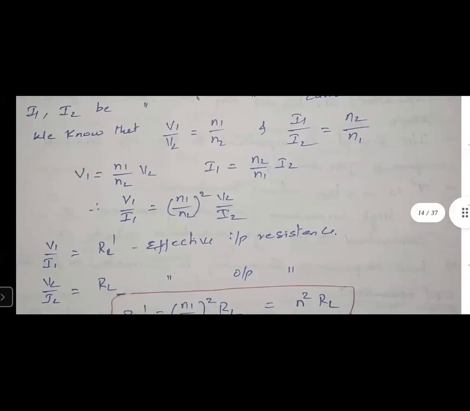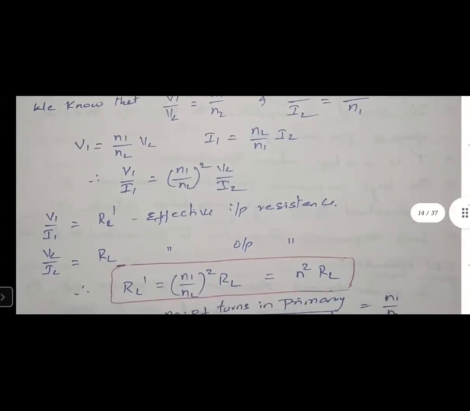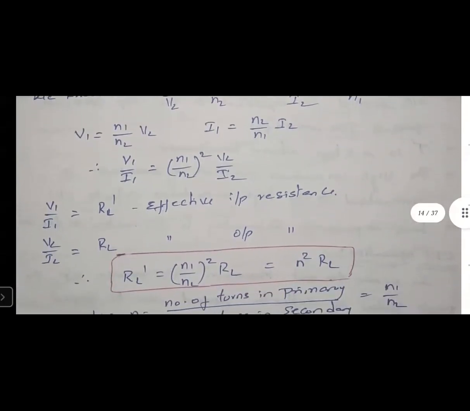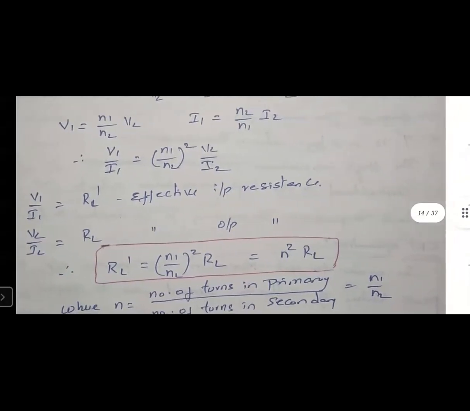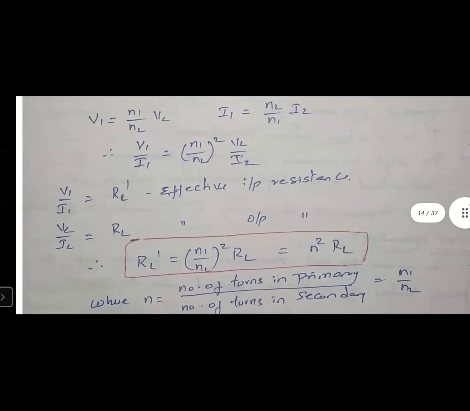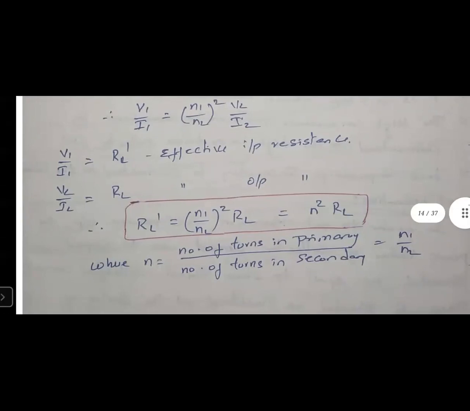If we find the ratio V1 by I1, V1 by I1 equals (N1 by N2) whole square times V2 by I2. Now, the ratio of voltage by current is resistance. V1 by I1 is the effective input resistance, indicated as RL dash, and V2 by I2 is RL, the effective output resistance.